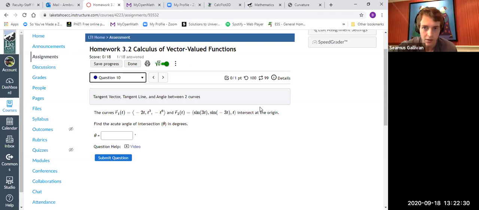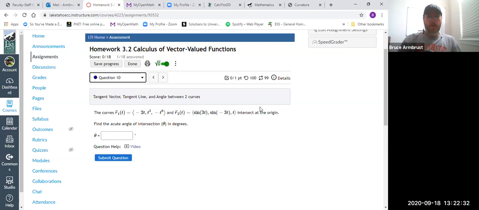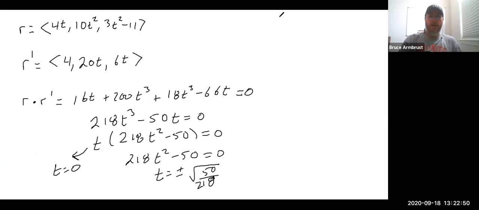Because if we plug in 0 right now, we have constant vectors, and their derivatives are 0 by definition. That's not what we want, though. So let me go to a whiteboard again and let's get these.